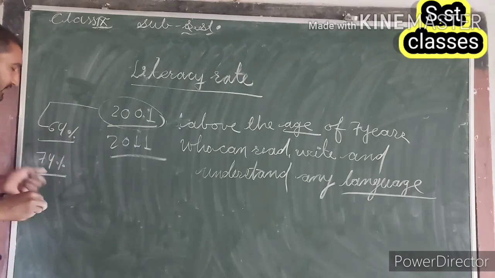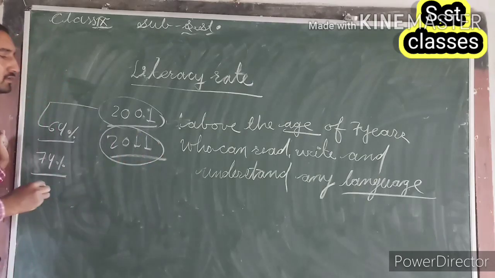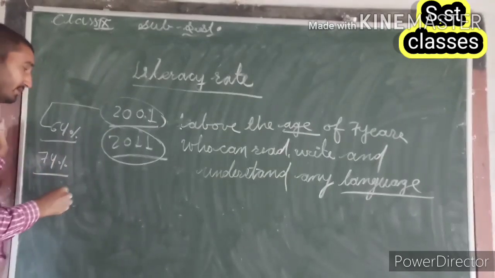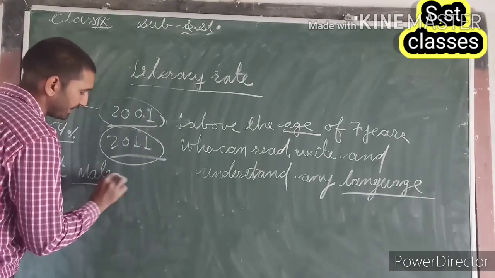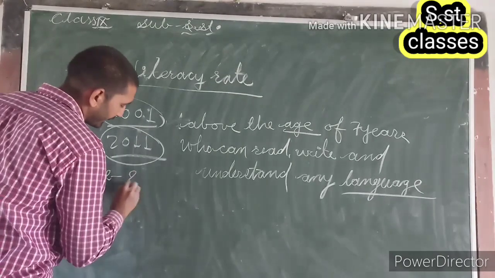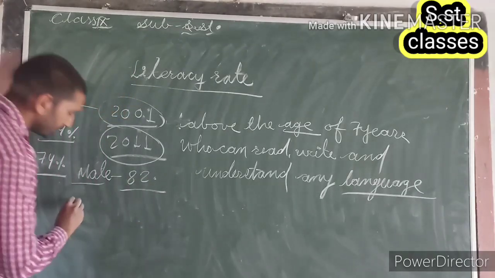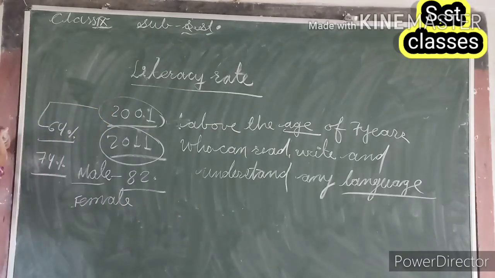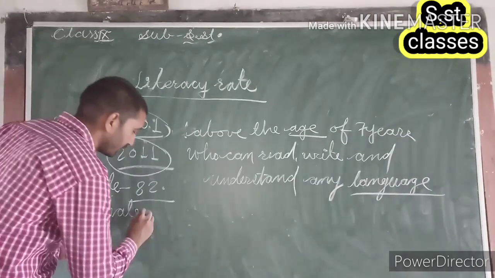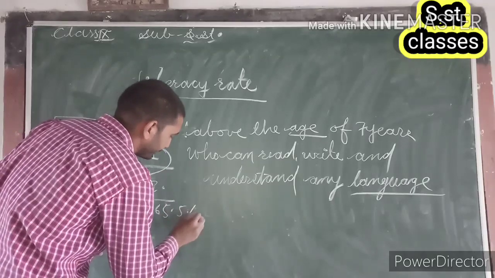After that, at the time of the census of 2011, the male literacy rate was 82%, and along with that the female literacy rate of the country was 65.5% in 2011.